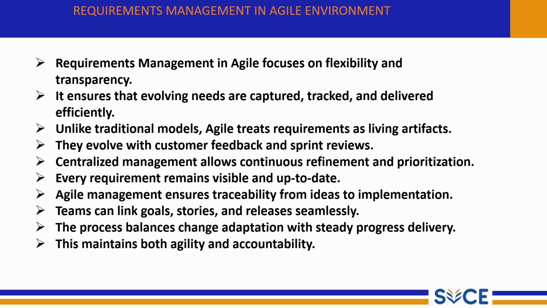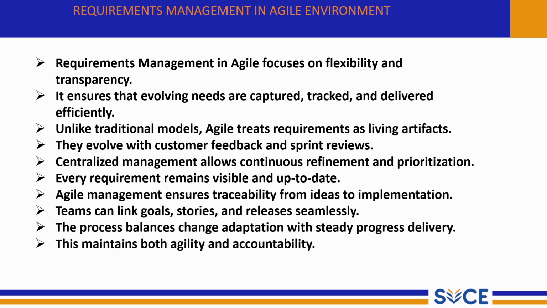In Agile, business goals are broken into user stories and user stories are planned into releases. This makes it easy to connect the high-level goals with the actual work done by the team. The process balances adaptation with steady progress delivery. Agile welcomes changes but not in a chaotic way.